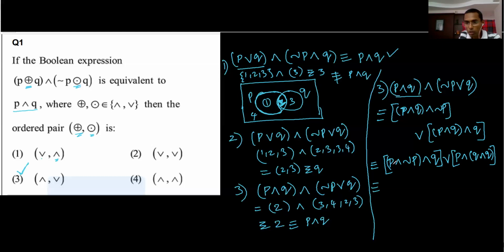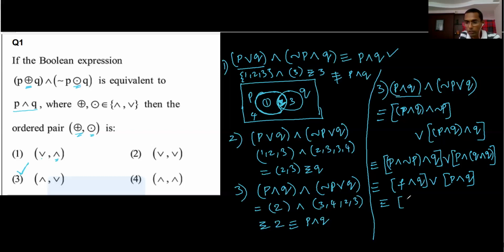So now this is P and negation P. If this is true, then this becomes false. If this is false, this becomes true. So one of them, P and negation P, must be false. Therefore, this becomes false. False and Q becomes false, because if one thing is false in and, the result is false.